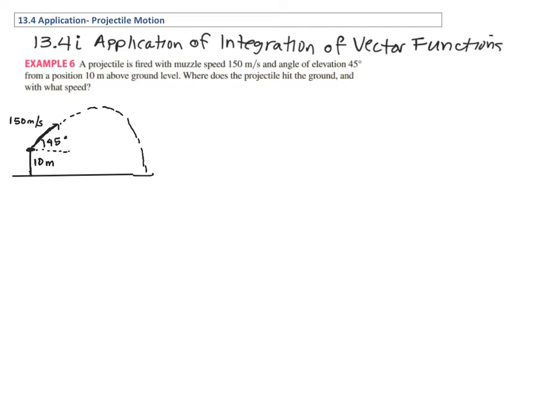Problems like this can all be done from one basic principle, and that is once that object is fired, the only force acting on it is acceleration due to gravity, and that acts straight downward. So that acceleration would be minus the gravitational constant in the y direction, so times j.